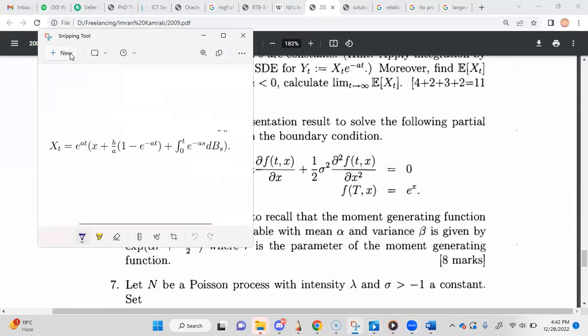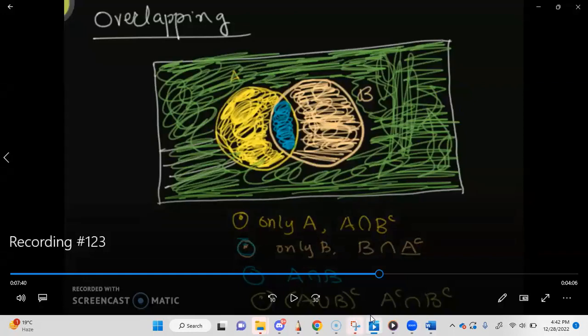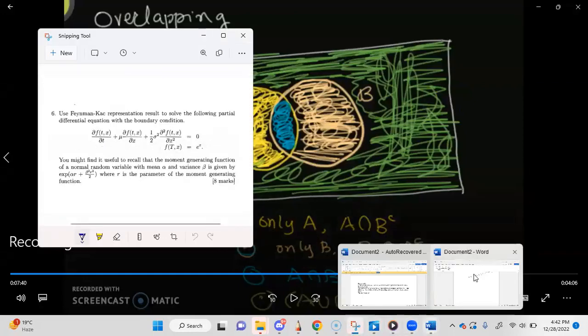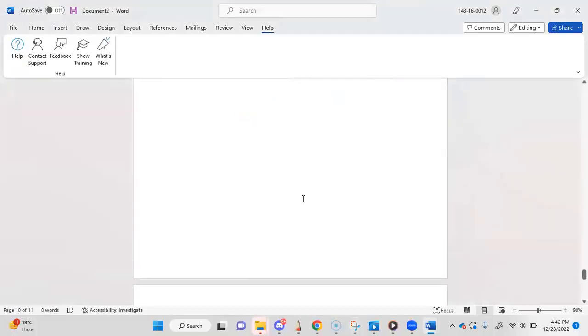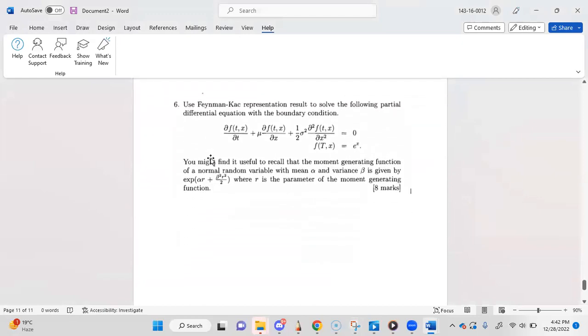Let's take this to our Word file. So we are here. Paste. So here it is, the Feynman-Kac representation result. So we will use that.